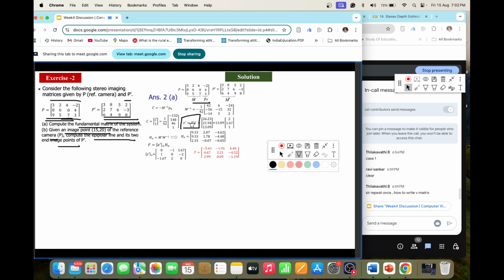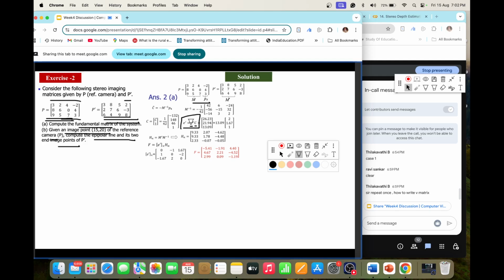E dash is nothing but the image of the camera center of the left camera by the right camera. P dash is for the right camera, and C is the center of the left camera. So E dash, or the right epipole, is the image of the left camera center found by the right camera. That is the definition.